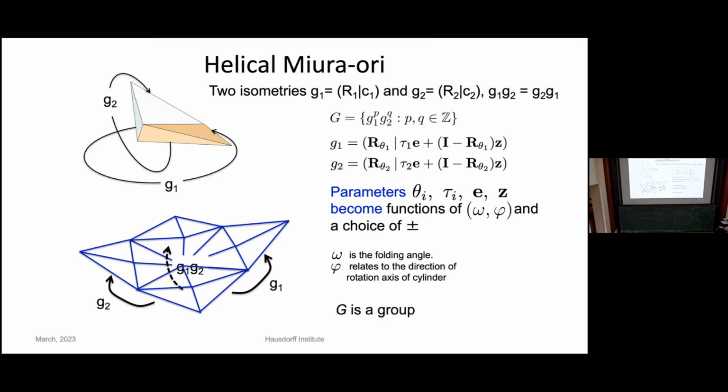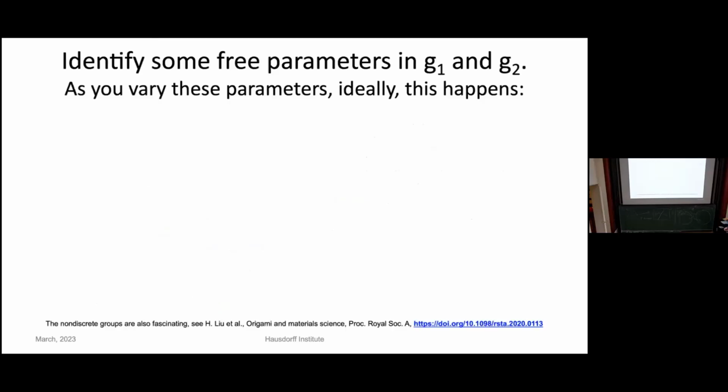So G is a group. So this builds you a structure. What kind of structure does it build you? Ideally, you take these free parameters in G1 and G2 and you start varying them. You could vary them continuously from the unfolded structure to the folded structure.